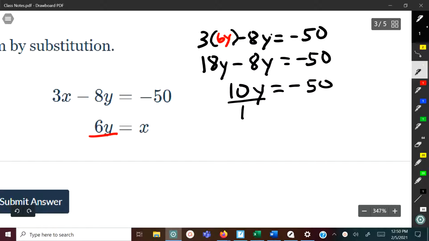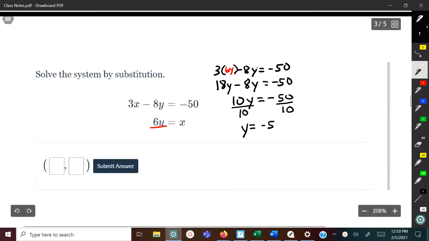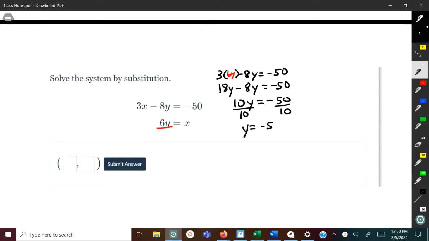Then divide by 10. And y is equal to negative 5. So we have part of it now. We know that the y is negative 5. And make sure you put that in the right spot.